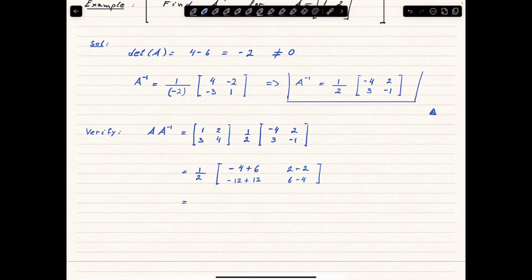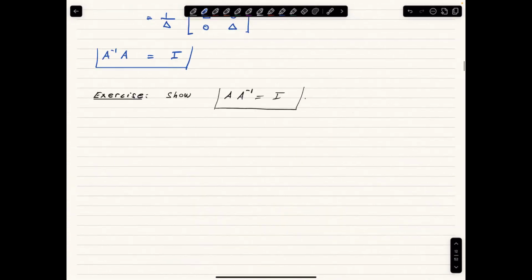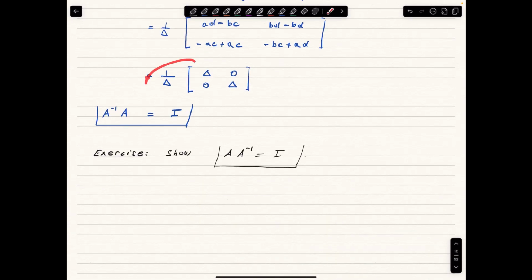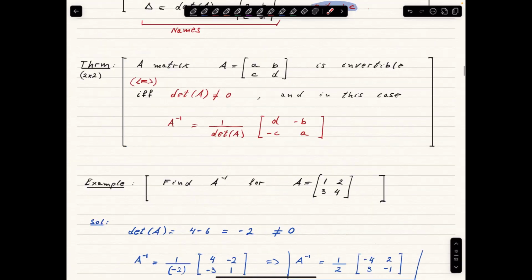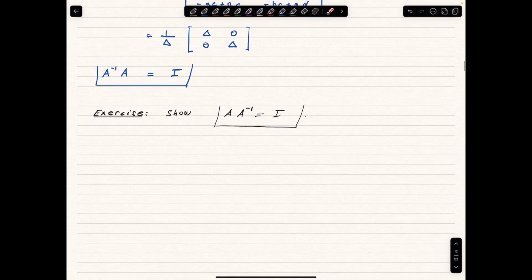We get our matrix 1/2, and then we get 2, 0, 0, 2. This is exactly the calculation we did over here for determinant 2. Well, actually what we got is, because I changed the sign, minus, minus, minus, but it doesn't matter.